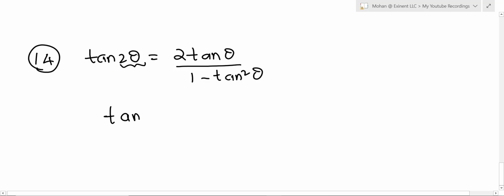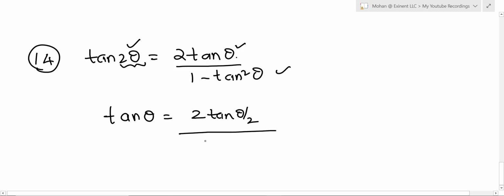Whenever 2 theta is there, half of 2 theta is becoming theta. So when tan theta is there, half of theta will come. That is 2 tan theta by 2 divided by 1 minus tan square theta by 2. So this is how half angle formulas work.